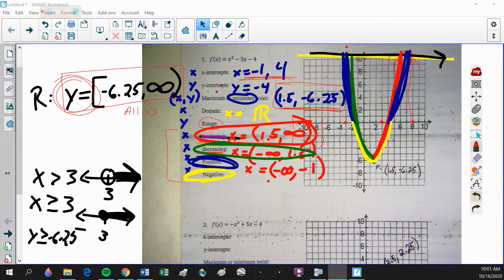Okay. Is there another point? Yes. So whenever you want to join two sets together, you do this weird looking U. It doesn't have a tail on the one side. That is the math symbol that means we're going to link two intervals together. It's called the union. Okay. You guys know what a Venn diagram is, right? So a Venn diagram looks like this, right? This would be A, this would be B. This little section in here is called A intersect B. That's what A and B have in common.